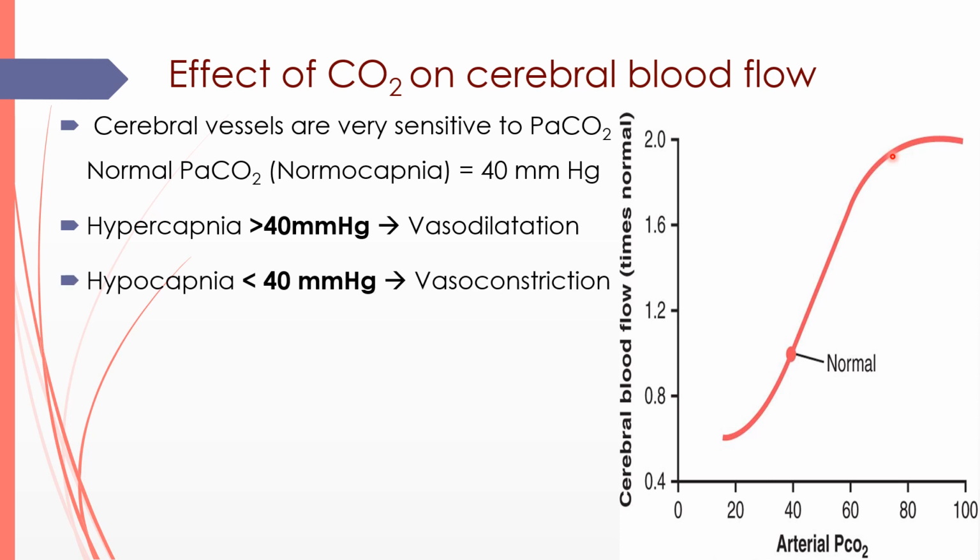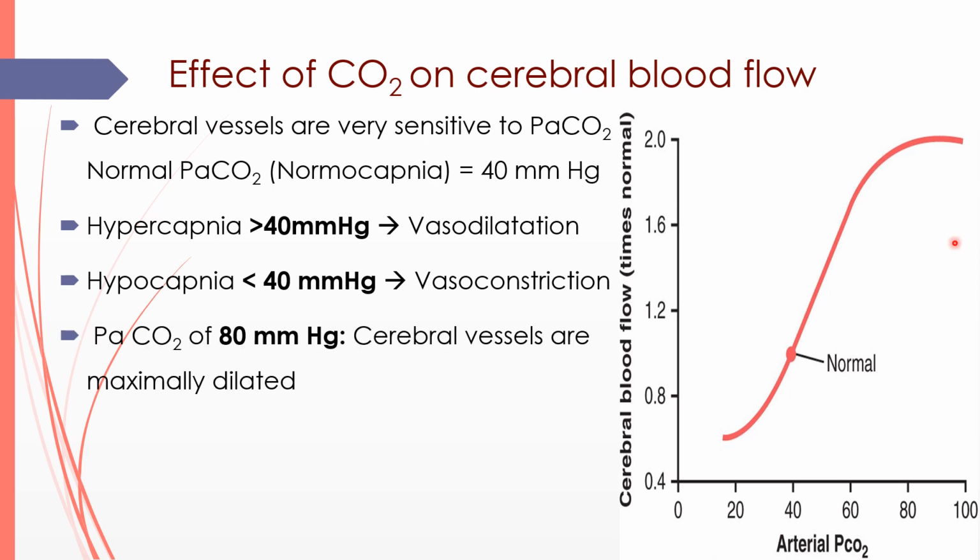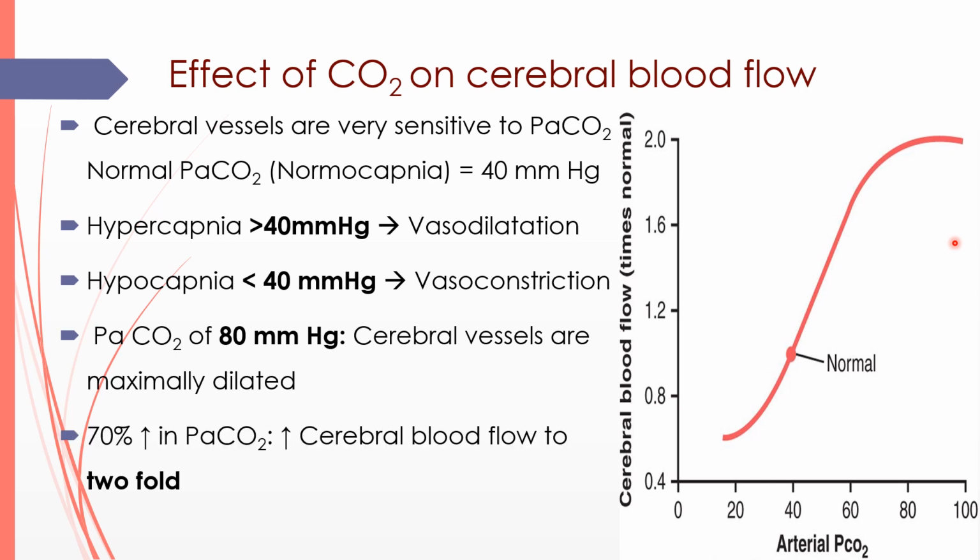When it goes below 40 millimeter of mercury, that causes vasoconstriction. A partial pressure of carbon dioxide of 80 millimeter of mercury causes the cerebral vessels to dilate maximally. A 70% increase in the partial pressure of carbon dioxide causes the cerebral blood flow to increase twofold.